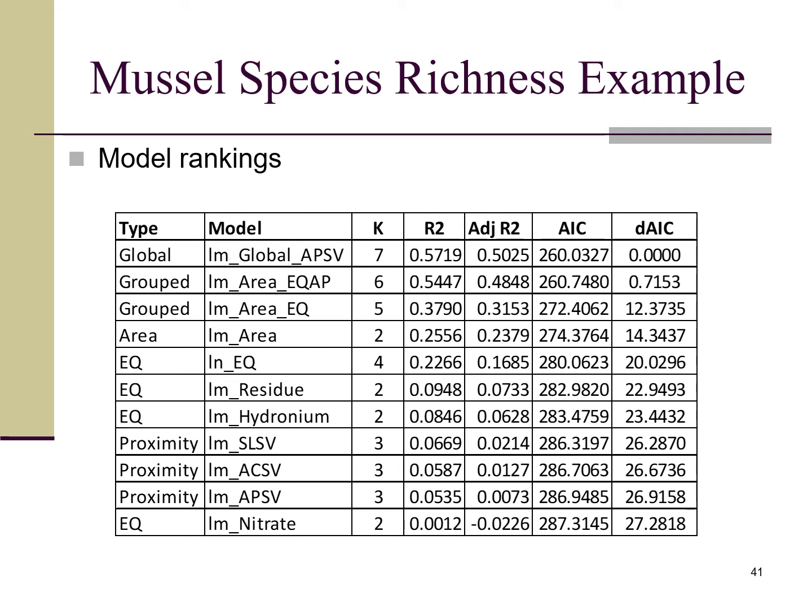And then removing the other proximity variables, that only decreases it by 0.7. And like I said, we're going to call everything within 2 pretty much the same. And then it's only when you take out the APSV variable from the LM area EQ AP model that you start getting a big increase in AIC.